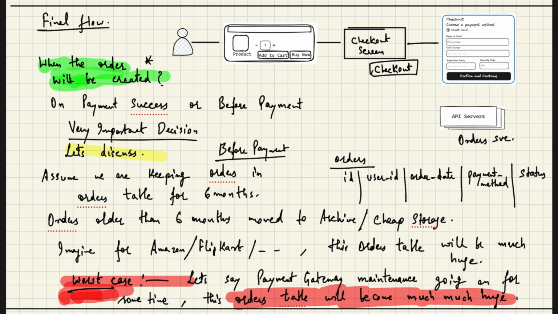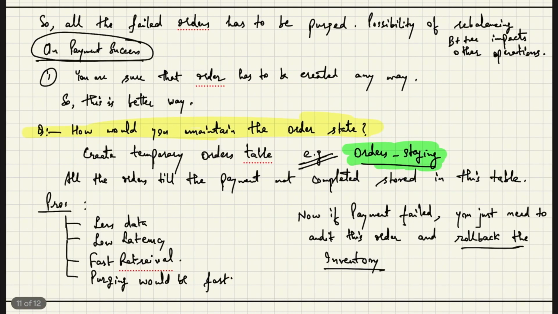But now you are also storing the in-process orders, for all the orders whose payment is not completed yet. So you need to maintain these orders as well, right? There's a big problem here, because you are now impacting the other orders as well, since this table would grow like anything.